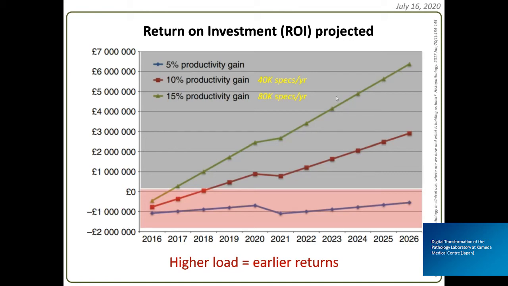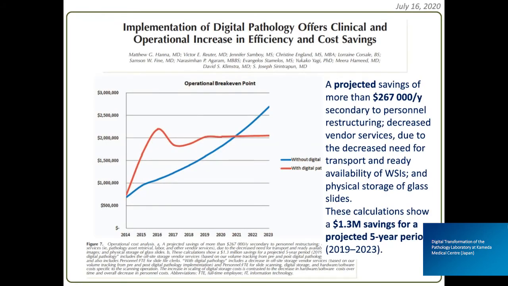These are just projections. And the most recent publication is a study from Memorial Sloan Kettering, and projected savings were reported in this paper of more than $250,000 per year, secondary to personnel restructuring and decreased vendor services due to decreased need for transport of glass slides, given the availability of whole slide images.